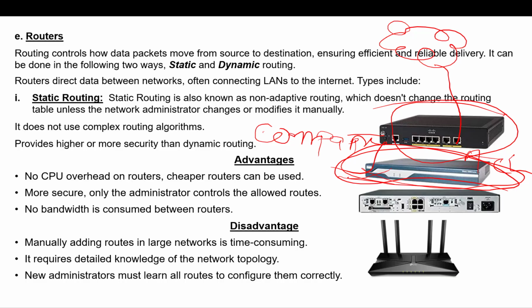When you go to immigration, the government tells them, these are the things you are supposed to look for. This person must not come in, this person must not come in. The immigration officer sticks to that. That's why you say static. Static means fixed.